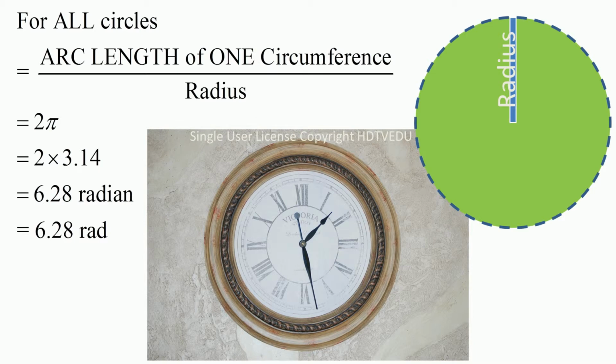Again, put a string around the clock. Measure that length. That length divided by the radius is going to be 6.28.